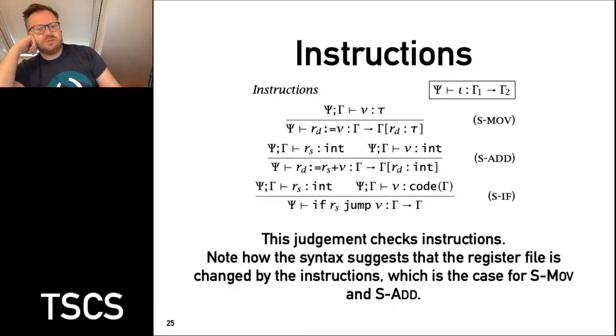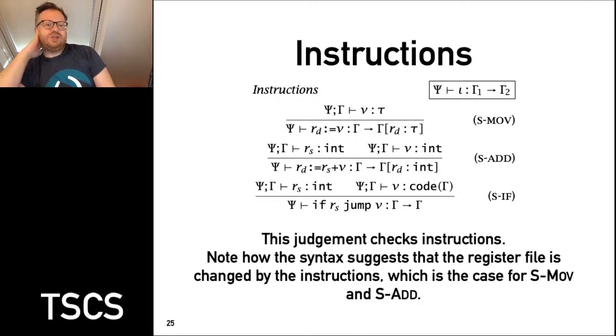So under these assumptions of Ψ and Γ, if you have a value that you can type as τ, then under the assumptions of Ψ, the type of the mov instruction is a transition from Γ to a new Γ, where the register type of RD is then τ, the type of the value.